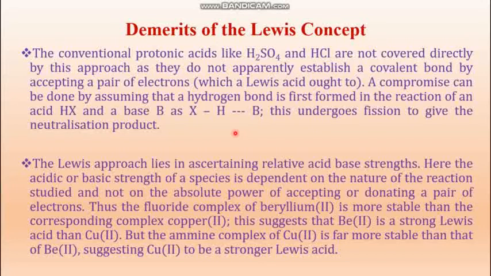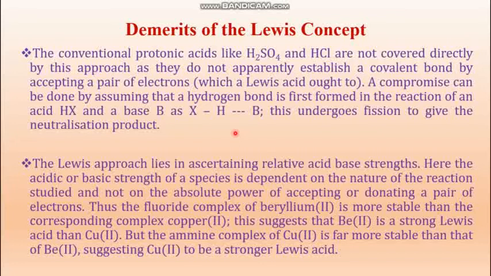A compromise can be made by assuming that a hydrogen bond is first formed in the reaction of an acid HX and a base B, as X-H...B. This undergoes fission to give the neutralization point.